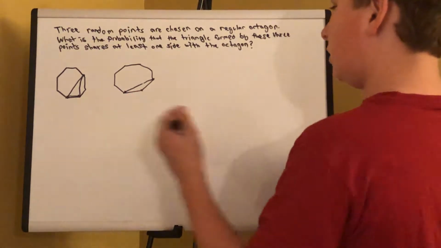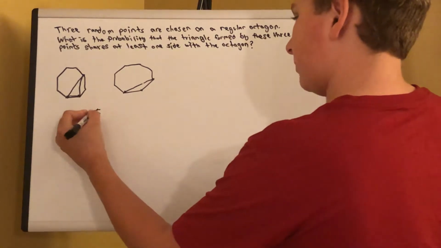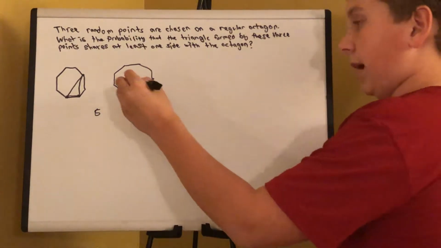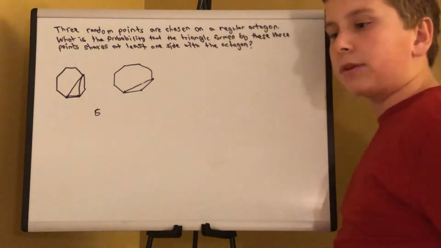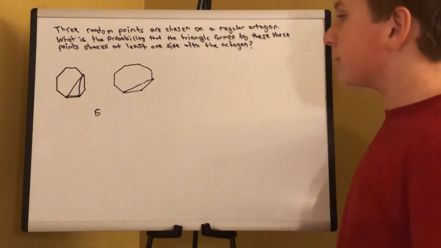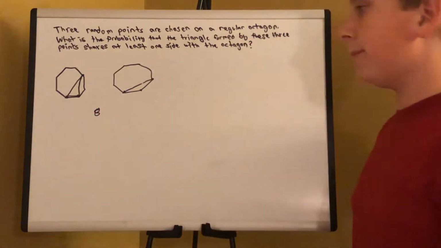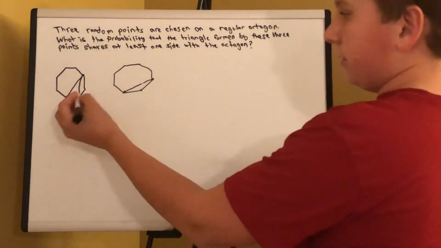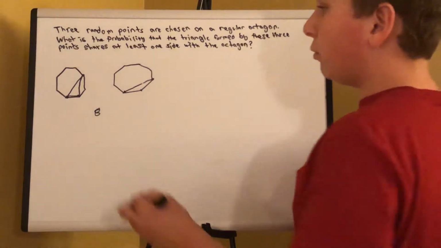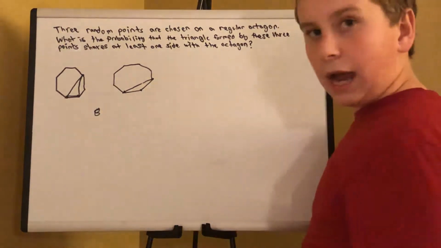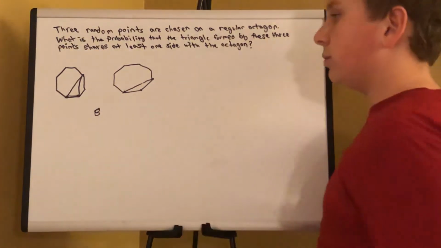So we would start out with 8. We're going to divide the total number of successes by the total number of outcomes. This looks like a 5. 8. And then to get something like that, we have to have one side, which there's 8 different ways to do.